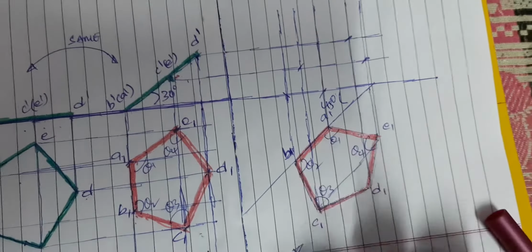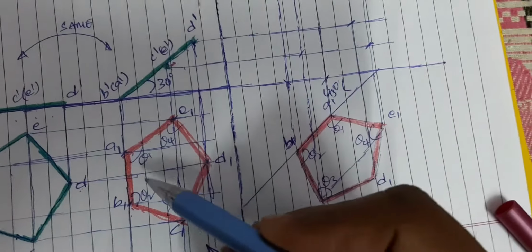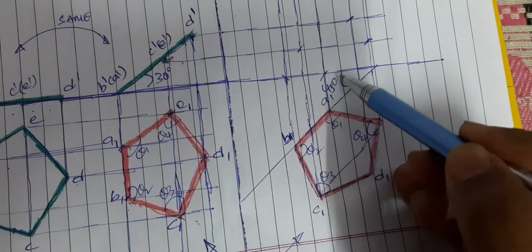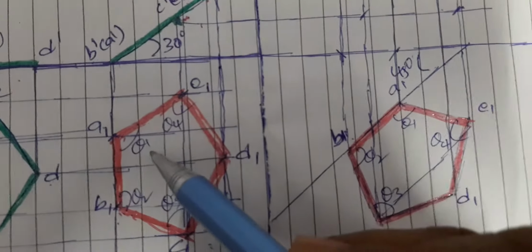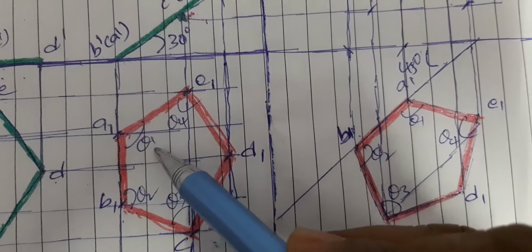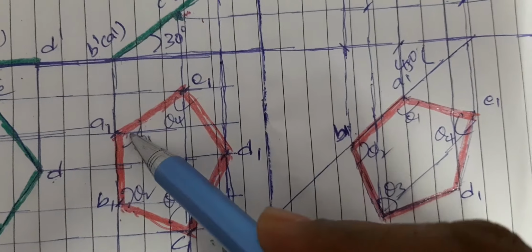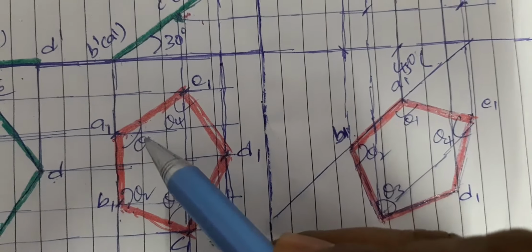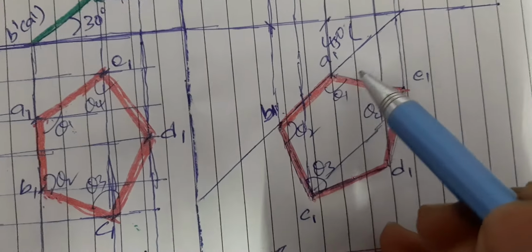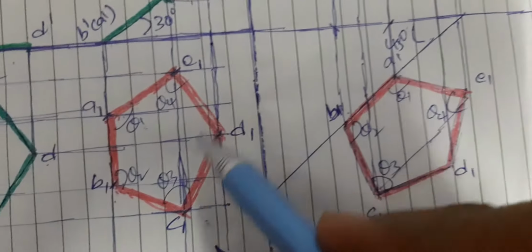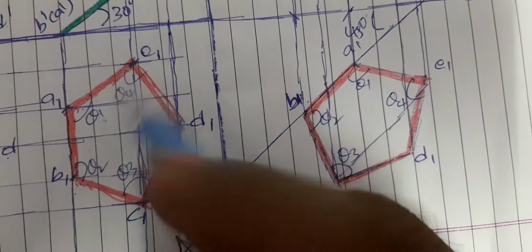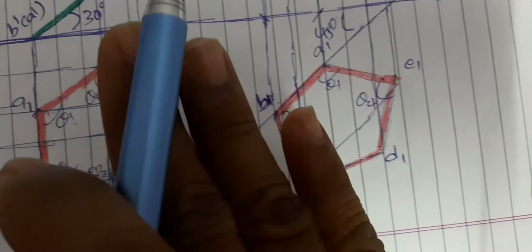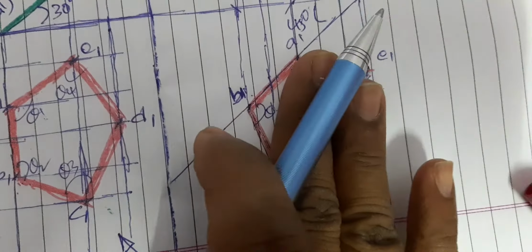Got it? After this I transfer the A1 B1 dimension onto this inclined line by measuring it, and after that I identify the included angle at this position. I name this as theta 1, and after measuring this angle you transfer that theta 1 value here. In the same way, theta 2, theta 3, theta 4 you measure from this diagram and transfer those angles onto this diagram.